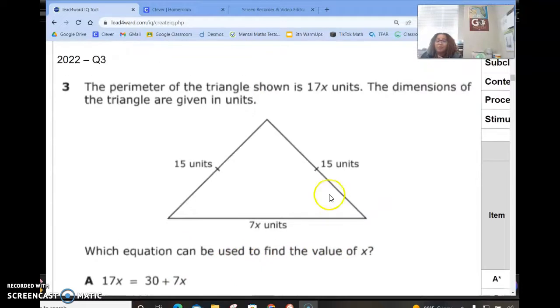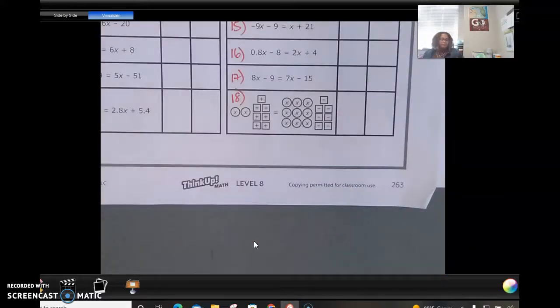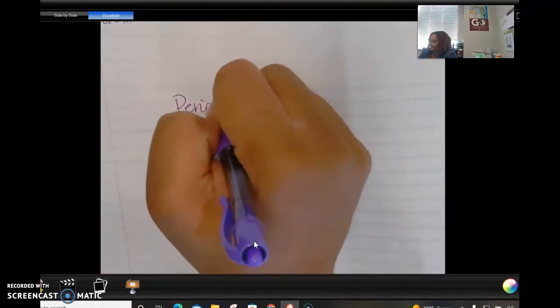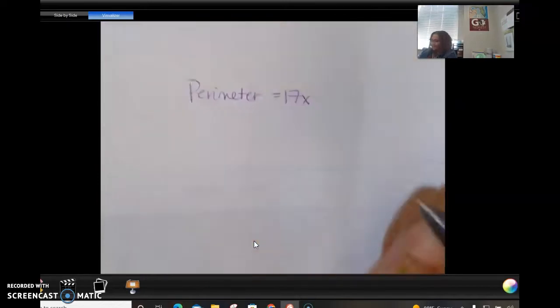In order to find a perimeter, you have to add all the sides. We already know that the perimeter equals 17x units. So how do we write that down and translate it mathematically? Perimeter is 17x.